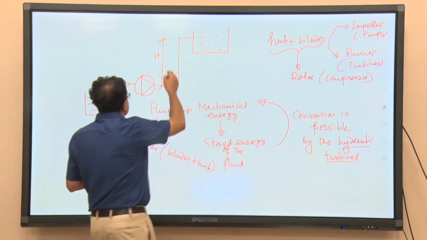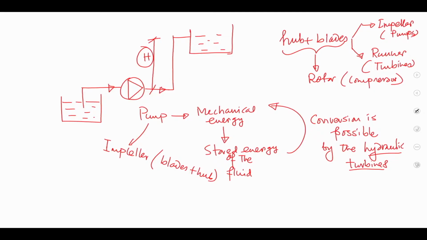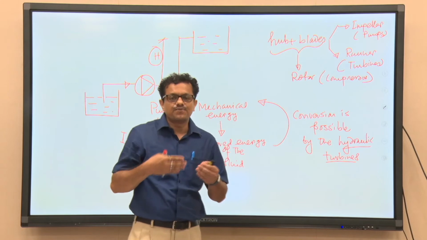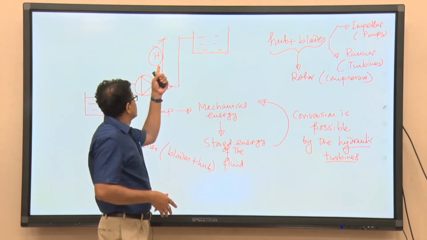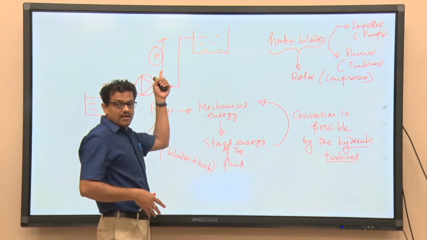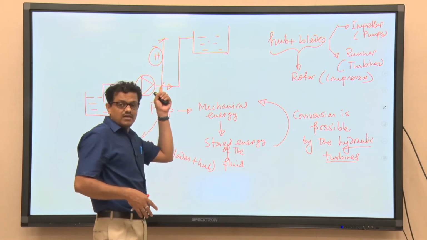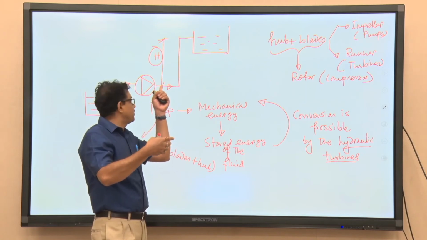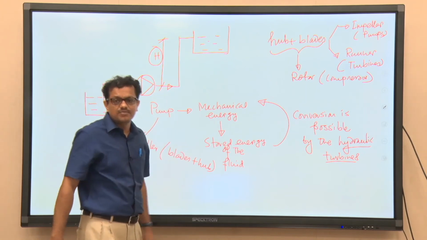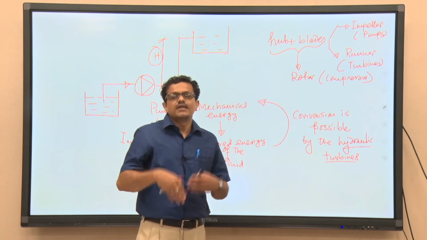The head of the water that could be made available at the inlet to the turbine for the efficient conversion of pressure into the kinetic energy of the runner is very important.